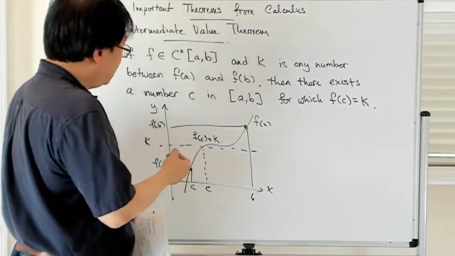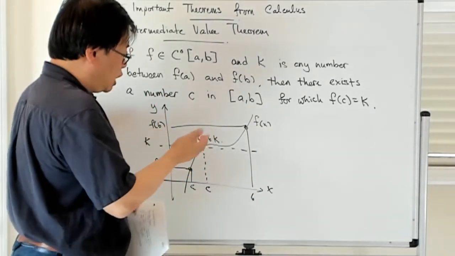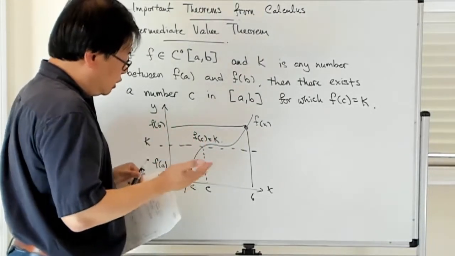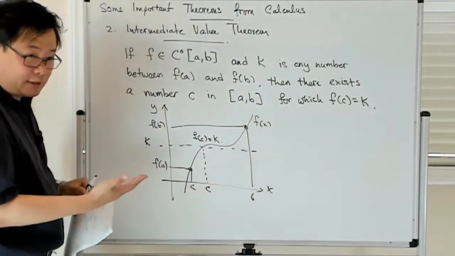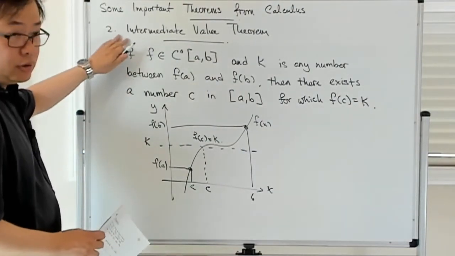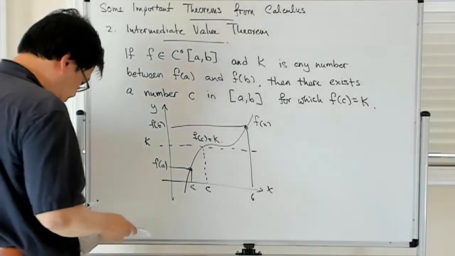And so by the intermediate value theorem, there has to be a root of the function f somewhere between a and b, so long as f at a and f at b have different signs. This is one example of where we're going to take advantage of the intermediate value theorem.